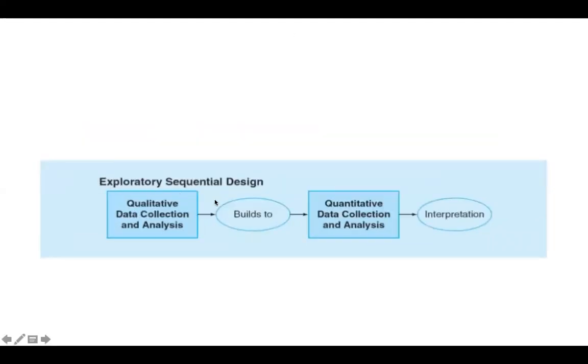In the exploratory sequential design, we start with the qualitative data collection, and it builds to quantitative data collection and analysis, and then we do the interpretation. So, for example, in one of our studies, we were interested to identify the diet patterns in the population in Dhulikhel municipality, but we did not know at that time what people were eating in that municipality.